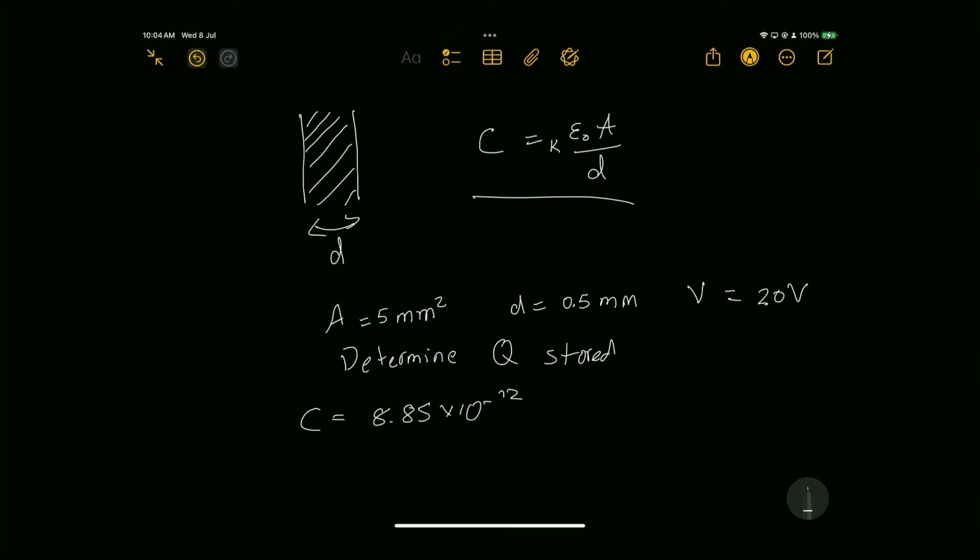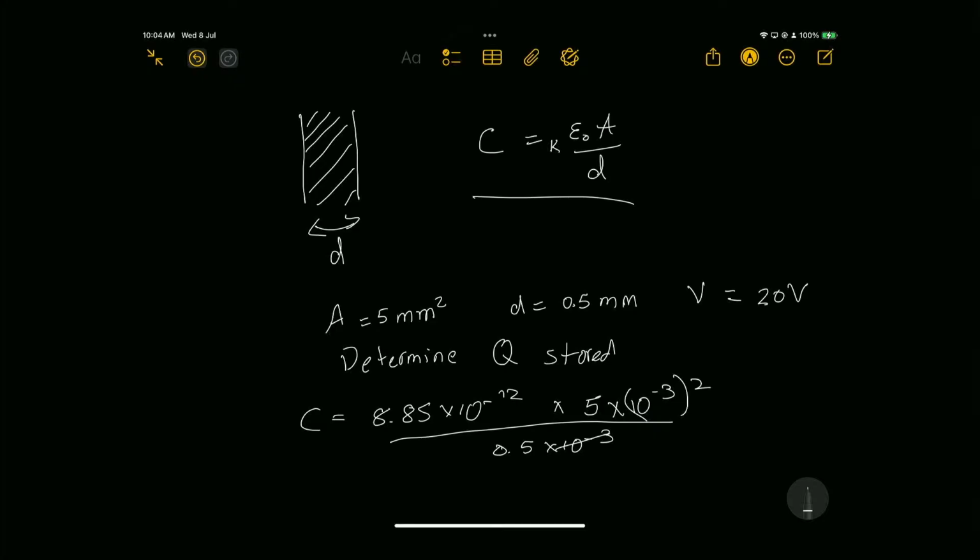So that is equal to 5 times 10 to the minus 3, squared, divided by the distance, which is 0.5 times 10 to the minus 3. Right?